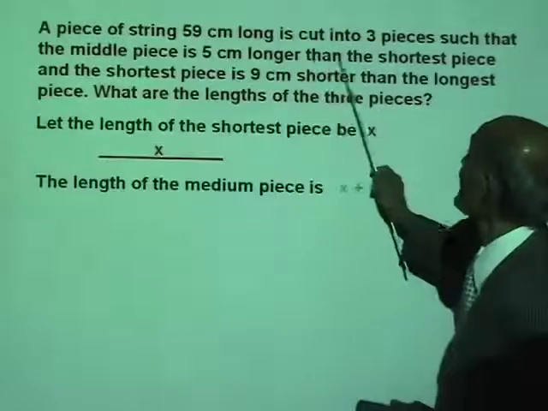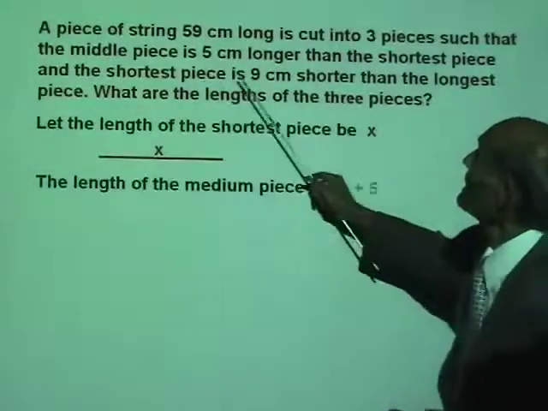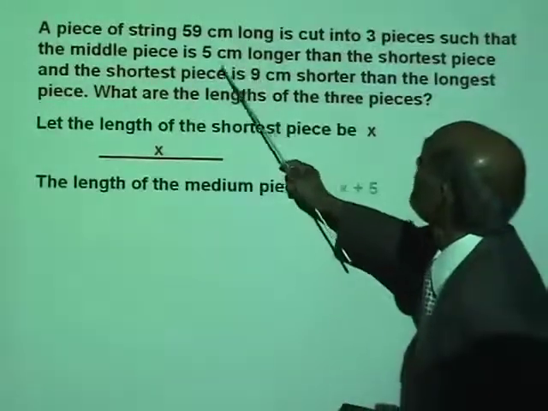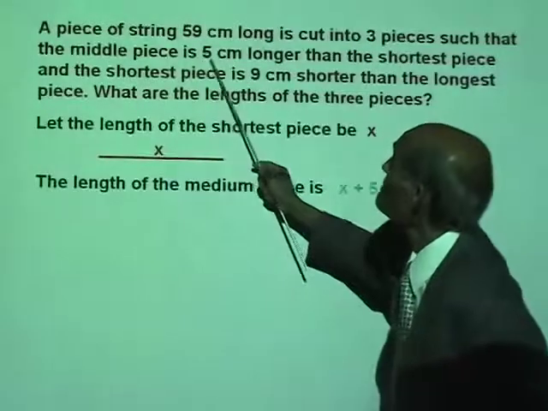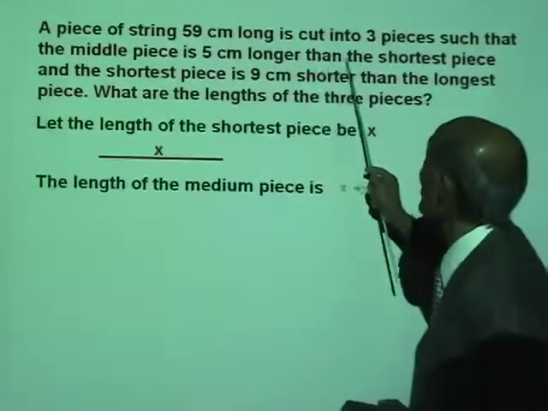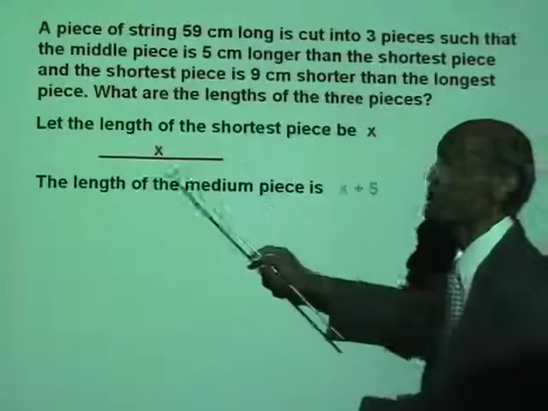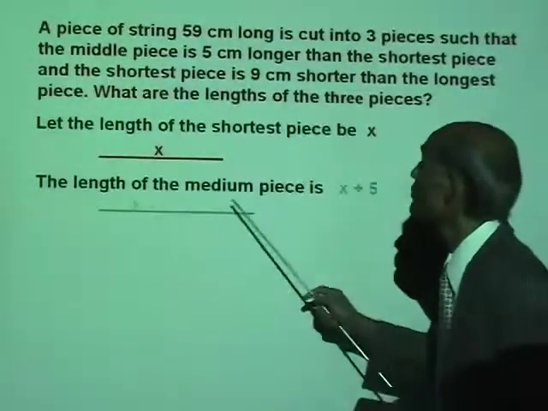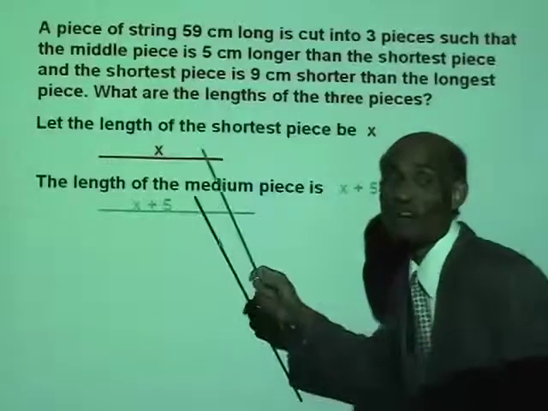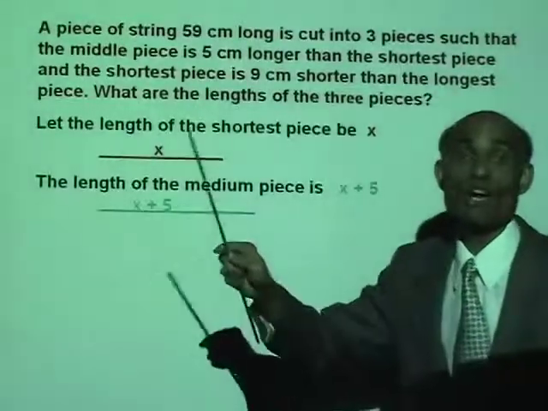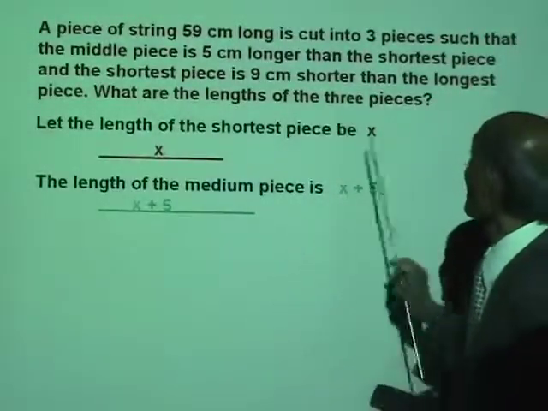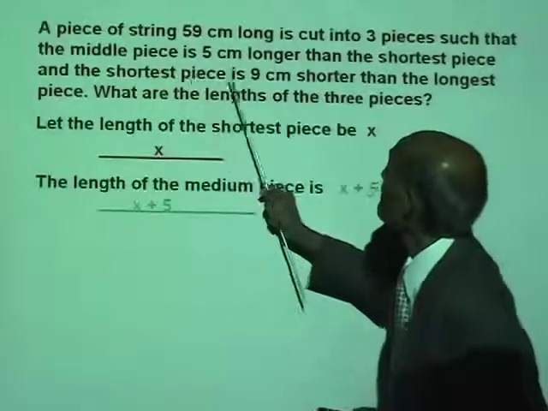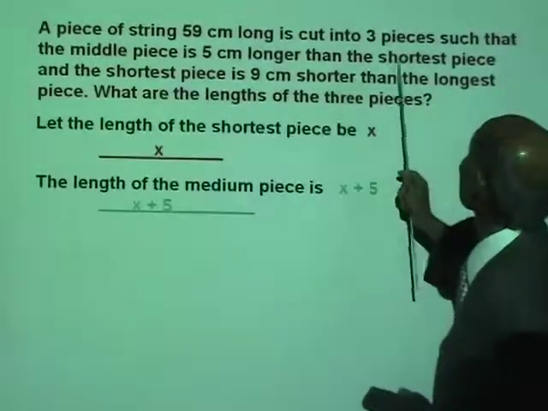Then, what does it say again? The middle piece is 5 centimeter longer than the shortest piece. So what is the length of the middle piece? The length of the middle piece is x plus 5. And then, what does it say?